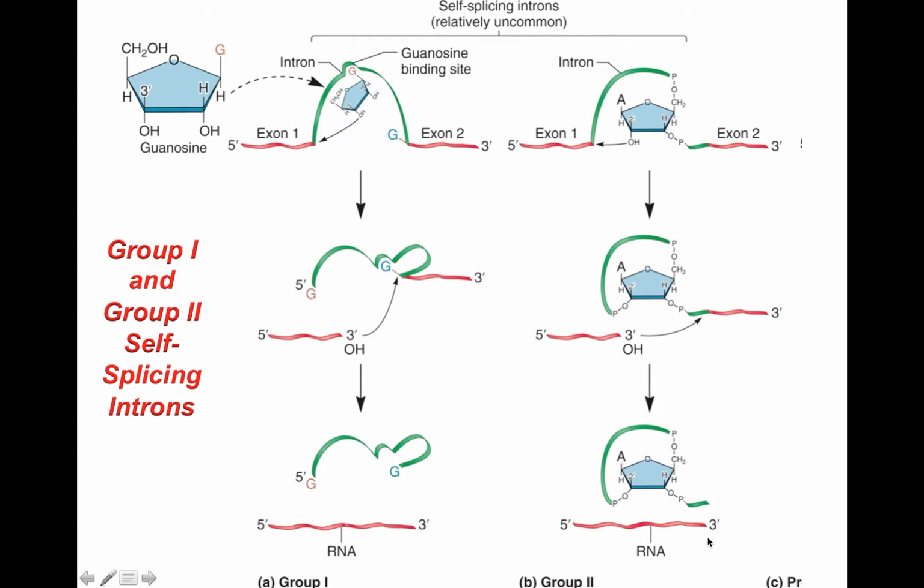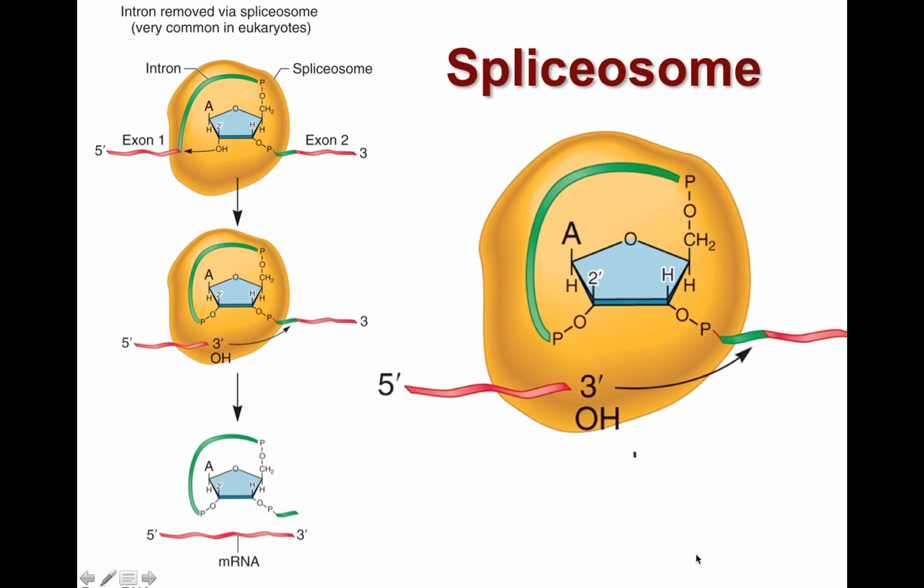Most commonly in the nucleus, messenger RNAs are spliced by an elaborate machinery called the spliceosome. The spliceosome has the same chemistry as the group 2 self-splicing introns, but it uses a lot of accessory proteins and RNAs to get the job done.